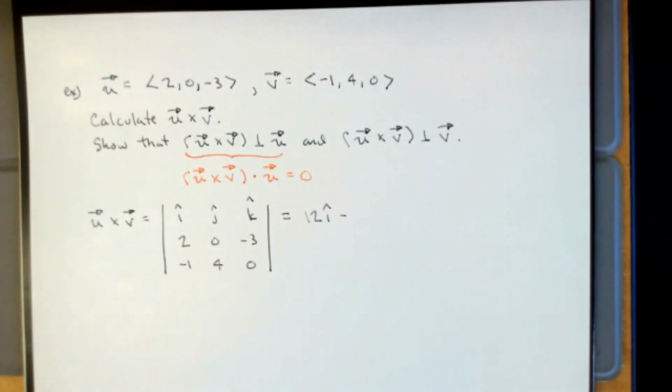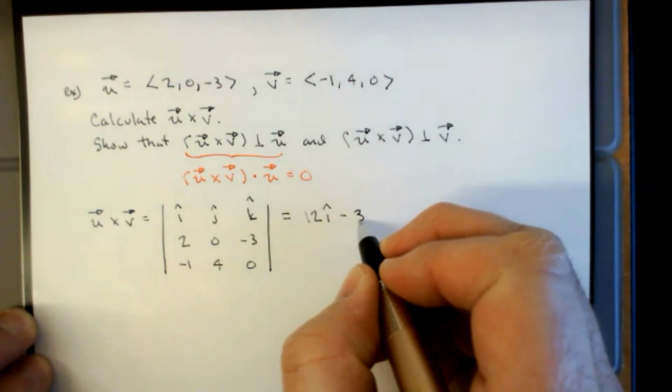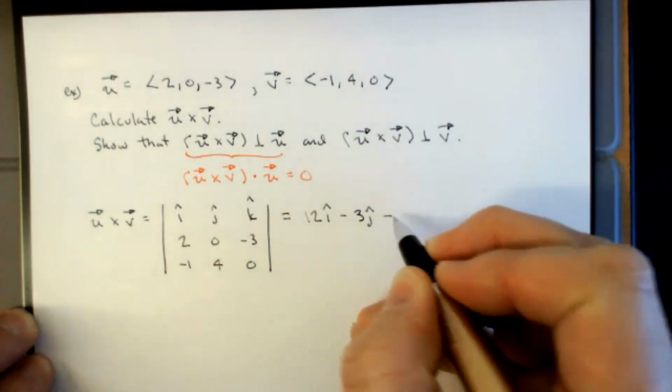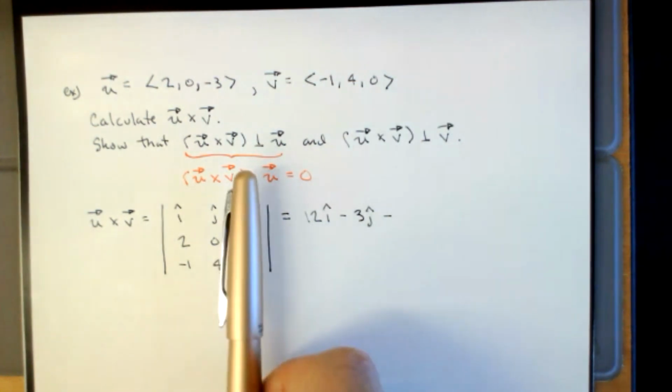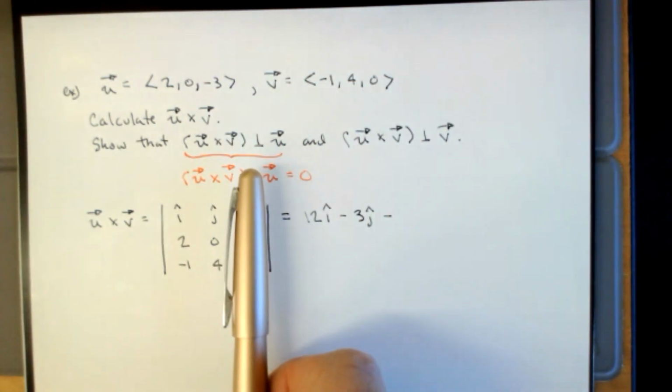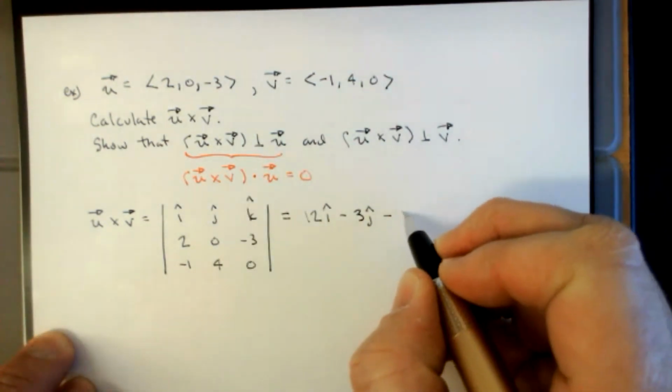So the determinant is 3, but it's the j one, so it gets negative. So minus 3j. And then the k determinant. Cover up the k. 2 times 4 is 8, minus 0 is 8, so minus 8k.